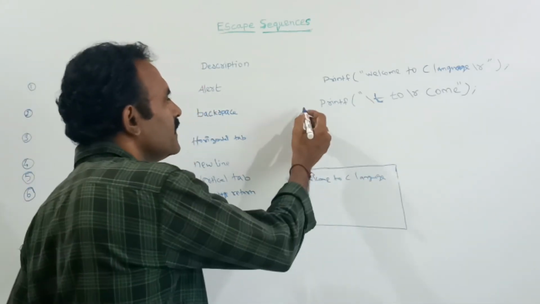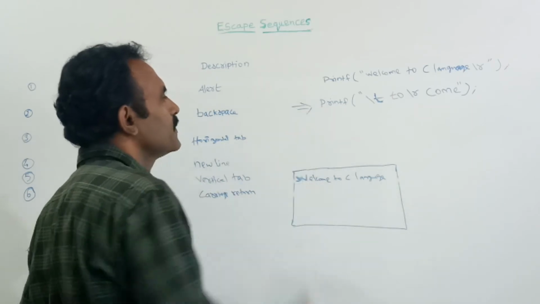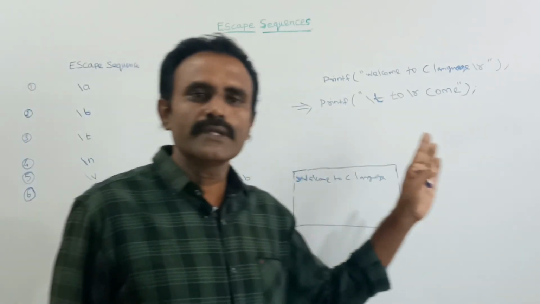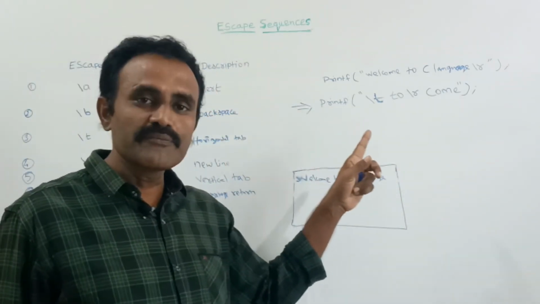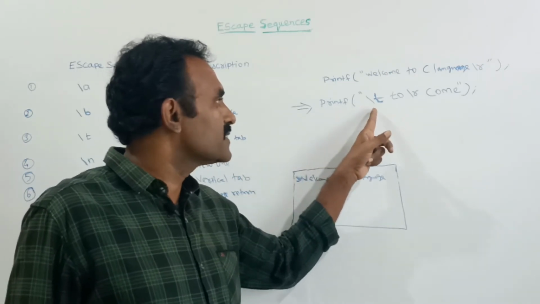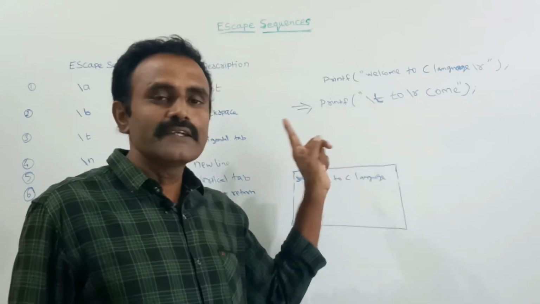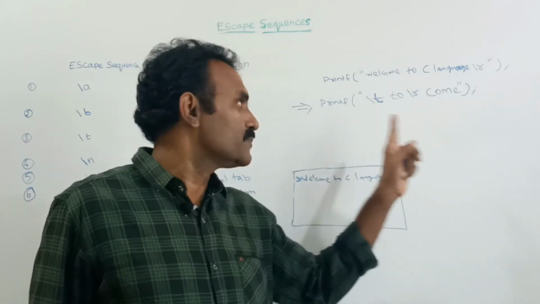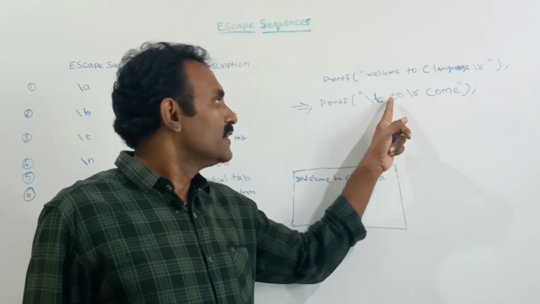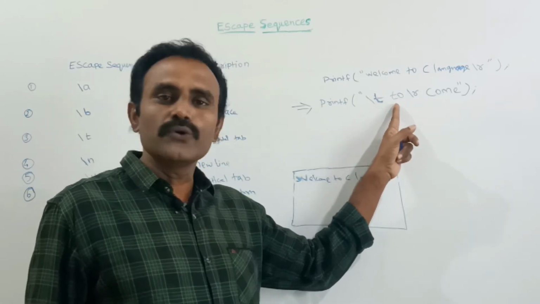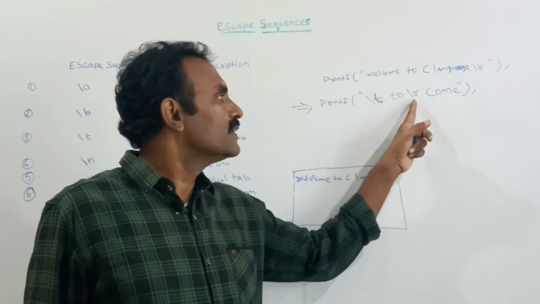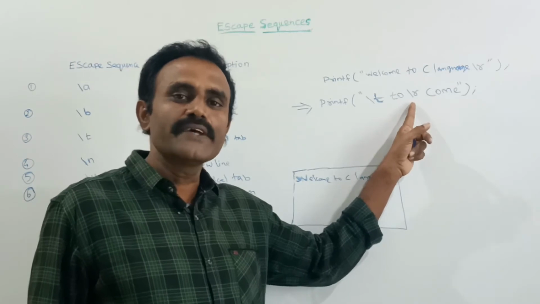Let us take this printf function. Here, with the help of the printf function, at the very first I am giving \t, which will leave the tab space, that is 8 spaces. After that it will print the statement "to". Next \r. What purpose are we using \r for?